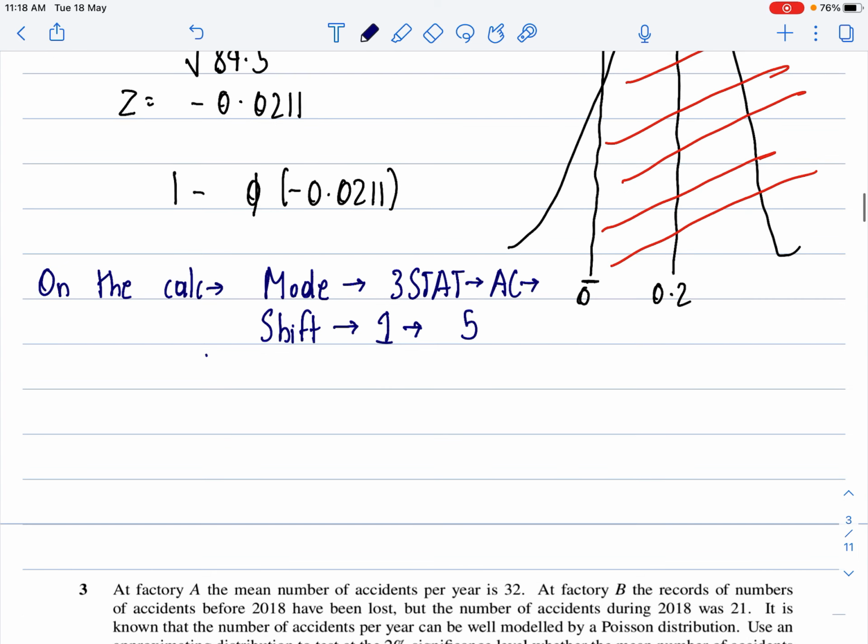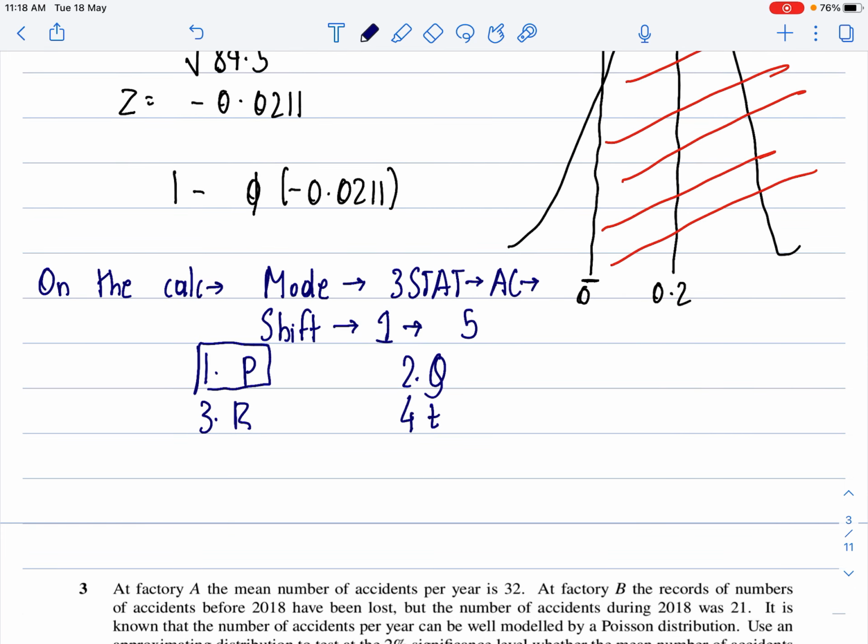So in your display, you'll get options like 1 P, 2 Q, 3 R and 4 T. So options 2 and 4 are not needed that much. We need mainly 1 and 3. So 1 basically means less than, which basically means phi. Okay, this means less than. And R basically means more than, which means 1 minus phi. If you see here, we need more than 0 or 1 minus phi. So we click on 3.